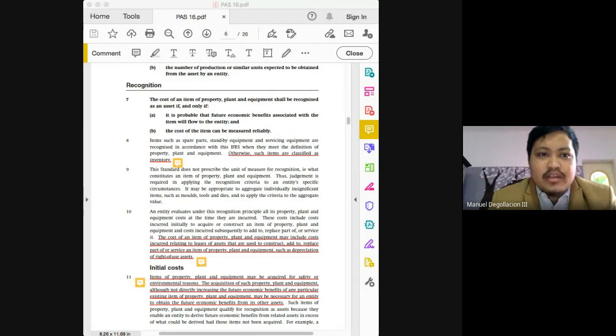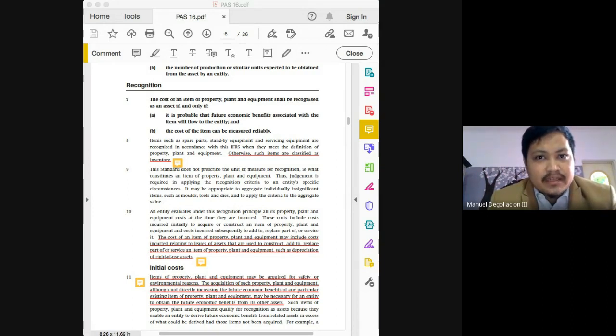Okay, normally you will have two criteria, and that is letter A and letter B in paragraph 7, class. Meaning, property, plant, and equipment shall be recognized as an asset if and only if, letter A, it is probable that future economic benefits associated with the item will flow to the entity, and letter B, the cost of the item can be measured reliably.